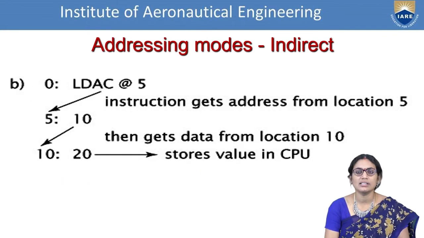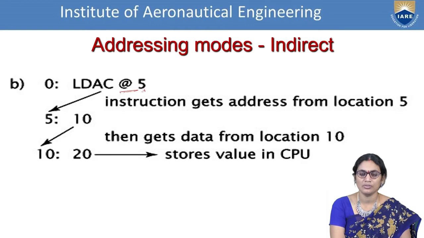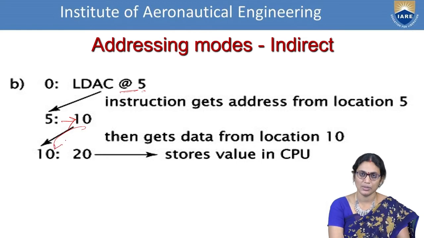Now the next one is indirect addressing mode. As I said earlier, we don't have a direct location, but we'll fetch the operation with the indirect addressing. So here we are specifying with @5. We are getting the location from address 5. Now this 5 is presented with the new value 10, and this 10 value is presented with the location number 10 again.